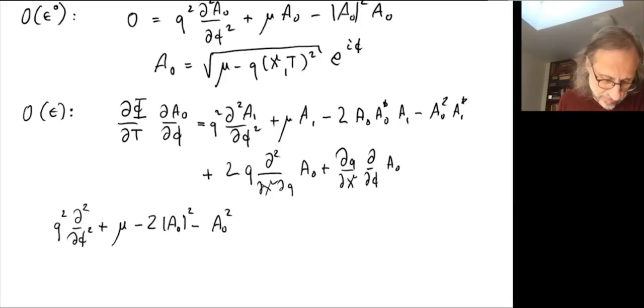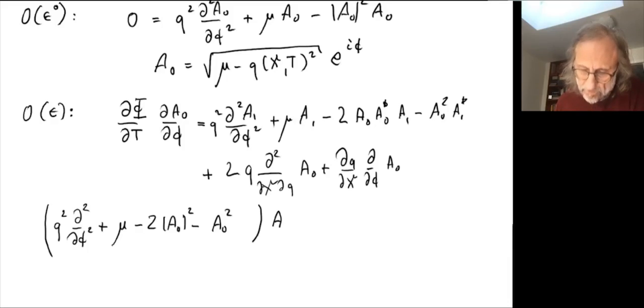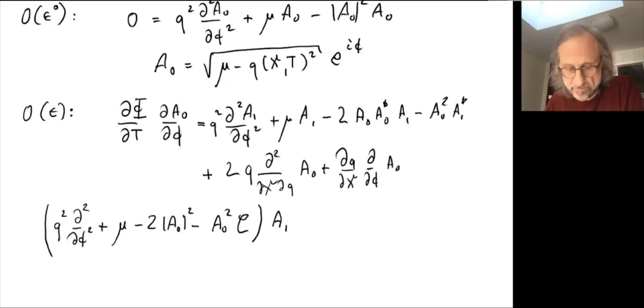And I want to write this as acting on A1, right? So I have an A1 here, an A1 here, an A1 here. So that's okay. Here I have an A1 star. So I have to do something here. So let me introduce a notation that we're going to use just right here and never again. I put a curly C here for a complex conjugation. So therefore this term generates this term.